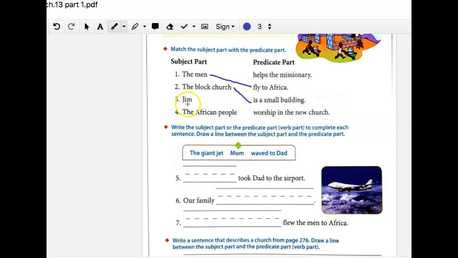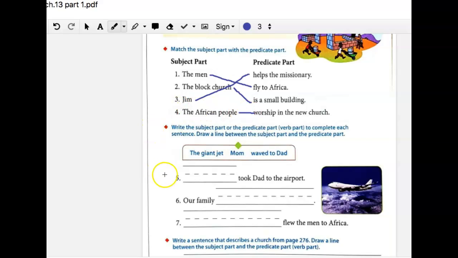Well, Jim is only one person, so it fits best with helps the missionary. When a verb has an S, that means only one subject is doing the action. So that means the African people worship in the new church.